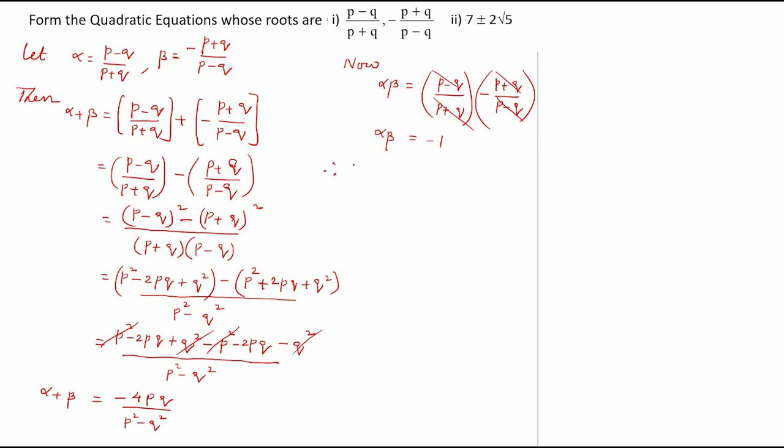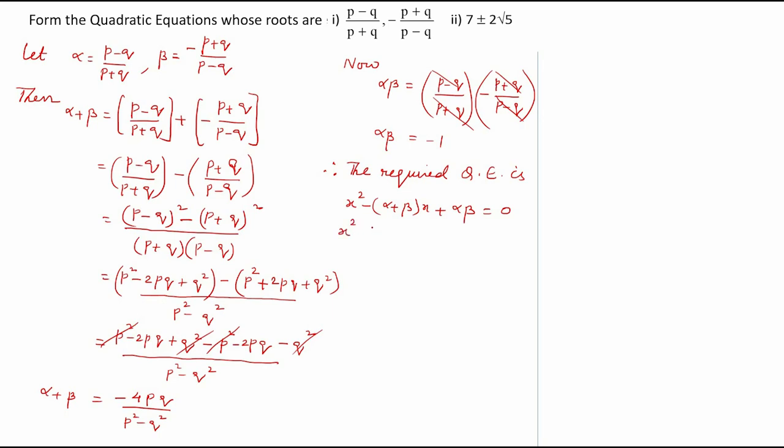Therefore, we can write the quadratic equation. The required quadratic equation is x square minus sum of the roots into x plus product of the roots equals to 0.